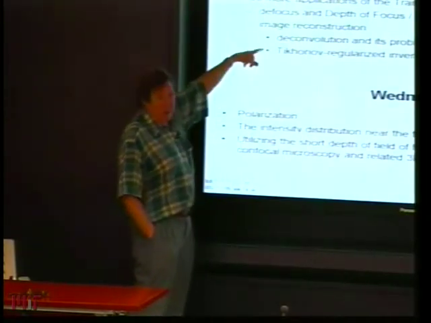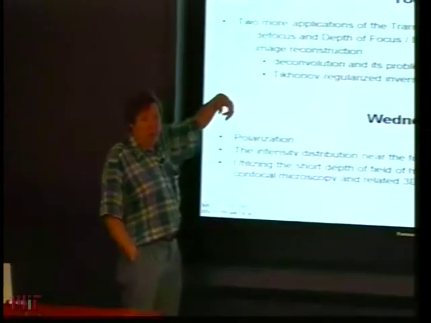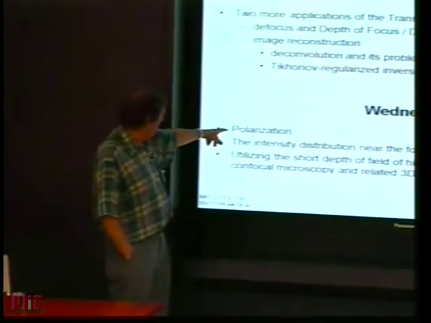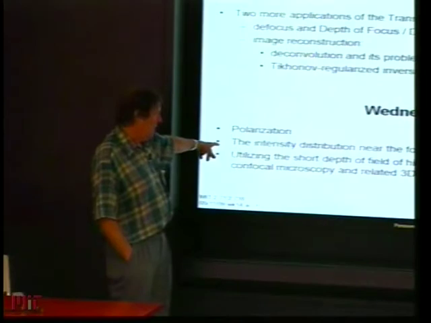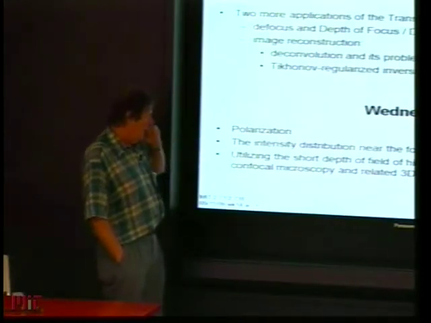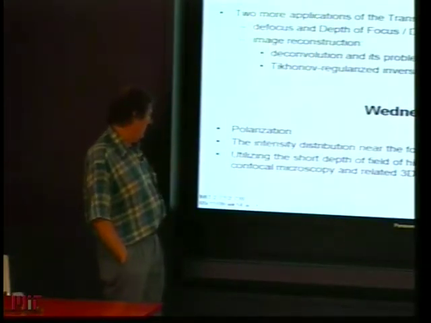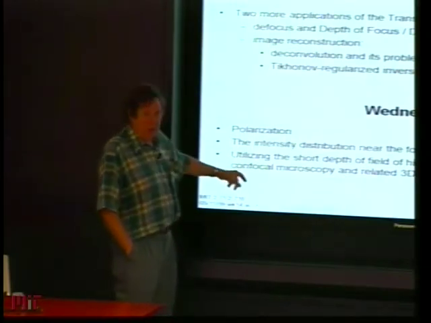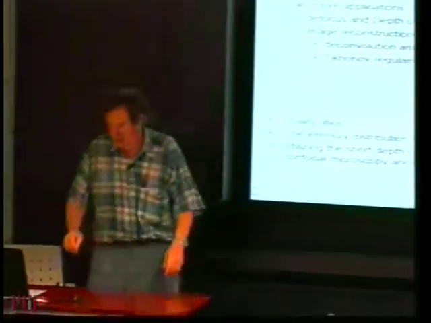What we don't finish from today will also be on Wednesday, and then there's polarization and the intensity distribution near the focus of high NA imaging systems. I don't know what else we're going to do, because George keeps changing his mind about what we ought to put in that last lecture.